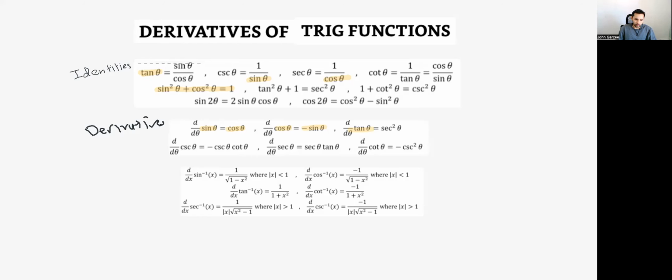Down here, these are the inverse derivatives. These are really complicated, so I would just have these for reference. Taking the derivative of trig functions is mostly about knowing what to substitute.